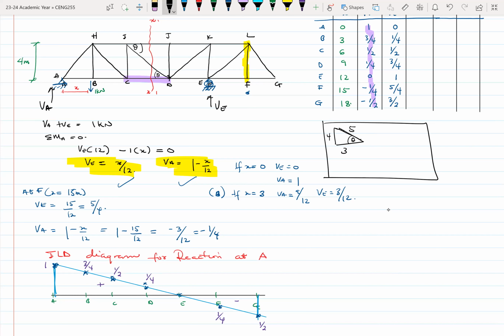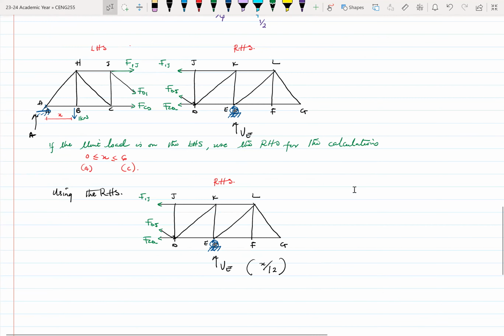It makes this one 5. All right. So sine theta is 4 over 5. Cos theta is 3 over 5. Tan theta is 4 over 3.